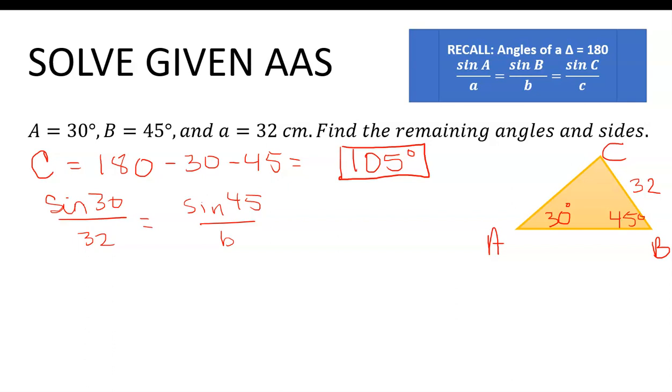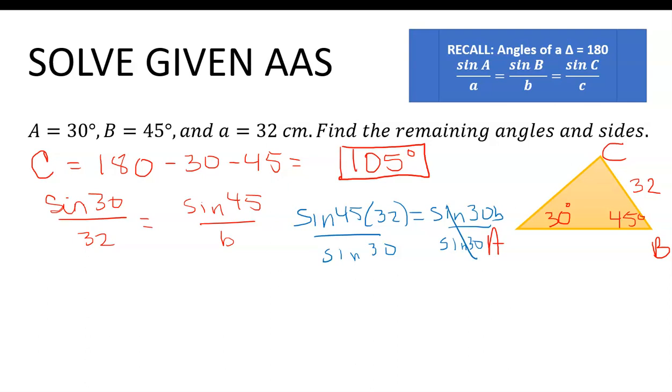But this is going to be sine 45 times the 32 is going to be equal to the sine of 30 times b, and then if I divide by the sine of 30 on both sides, I will have my b.